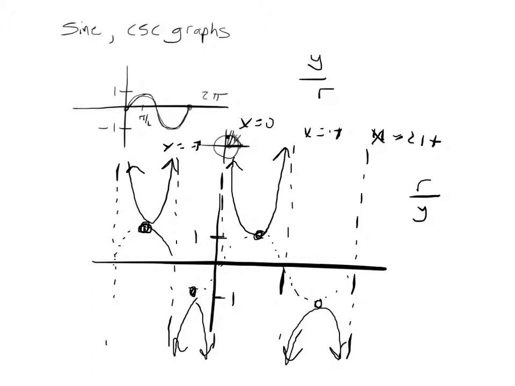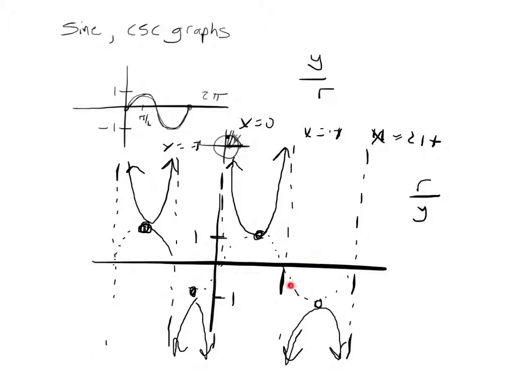What's my period for the cosecant graph? Well, clearly it's the same as the period for the sine graph. I'm going to have an upward arch and a downward arch, and that upward, downward is going to repeat every 2 pi units. So my period for cosecant is 2 pi.